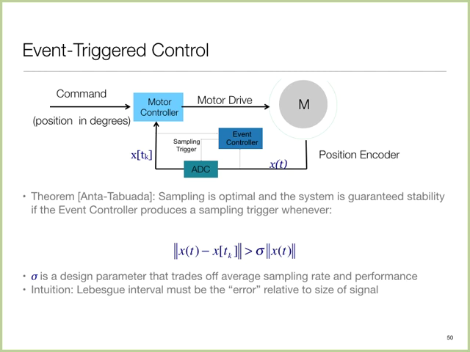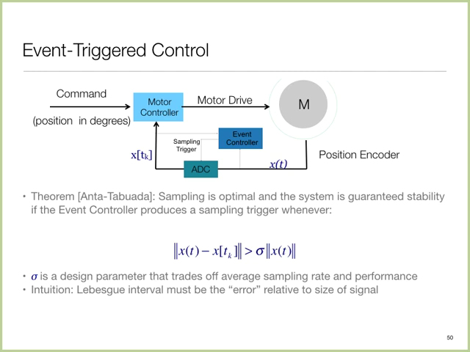So in that famous paper of Professor Tabuada, what they did was, for a control system, they showed what that bound is, which was Swapnil's question. They found the criterion which says that if the current value of the analog signal minus the previous sample that we had collected exceeds some sigma, some constant, multiplied by the current value of the signal, then the control loop remains stable.